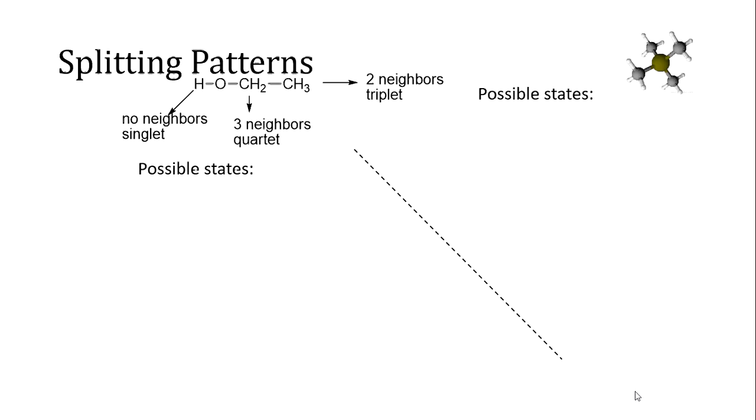So I've indicated that the hydrogen atom on the oxygen atom has no neighbors. It appears as a singlet, and I'll show you how that comes about in a minute. The hydrogen atoms on the CH2 group have 3 neighbors. Those are the hydrogen atoms that are on the neighboring methyl group. The hydrogen atoms in the methyl group have 2 neighbors. Those are the hydrogen atoms on the neighboring CH2.